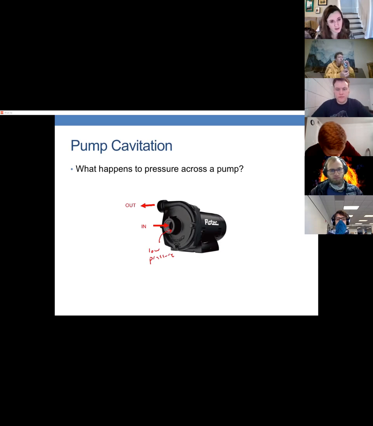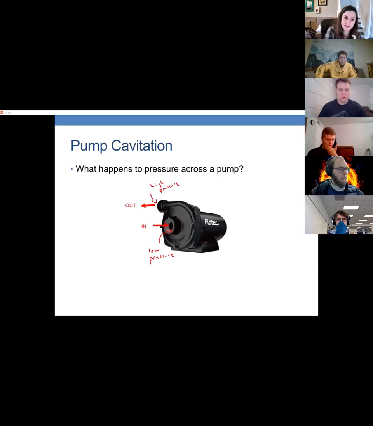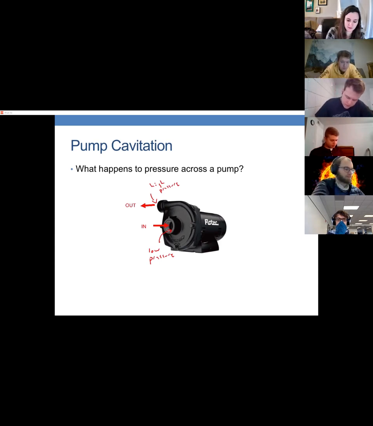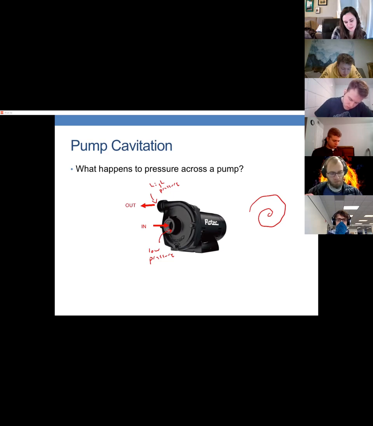Because pressure will drop all the way along the hose until you get to the pump inlet, and the pump increases the pressure across it. If we were looking inside, this is a centrifugal pump. Water, or some liquid, comes in horizontally here, and the pump creates a low pressure area sort of in the middle.